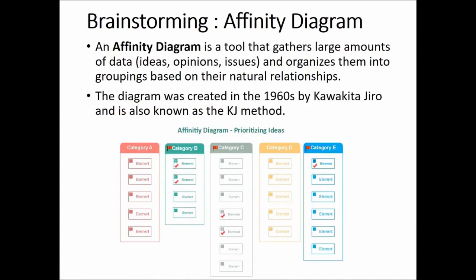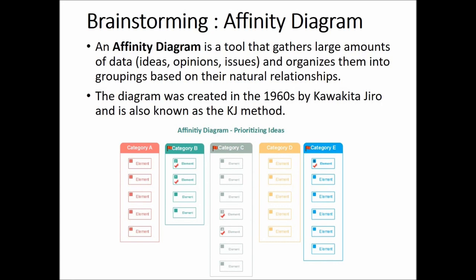Now, when it comes to summarizing the outcomes of a brainstorming session, there are several tools available for us to make use of. One such tool is the affinity diagram. An affinity diagram is a tool that gathers a large amount of data and organizes it into groups.